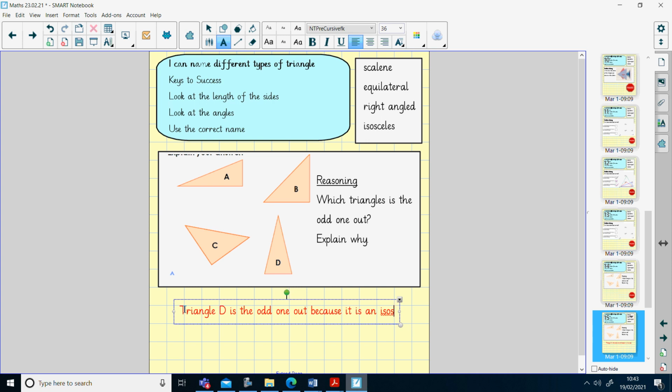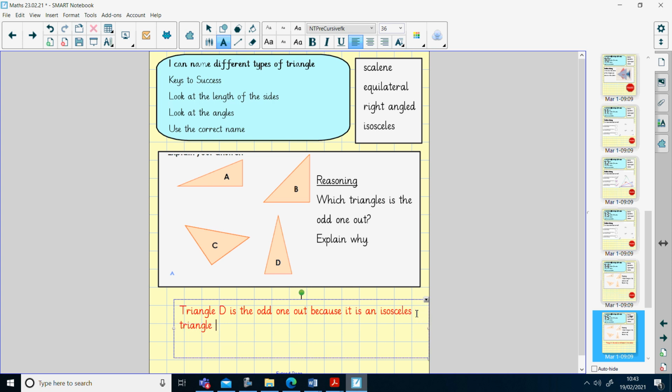isosceles. Checking my spelling. I need another E. Put the E in the wrong place. Silly me.